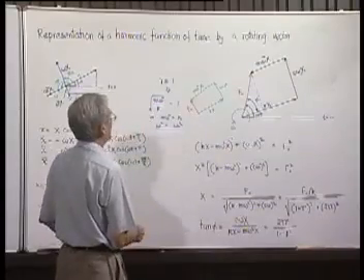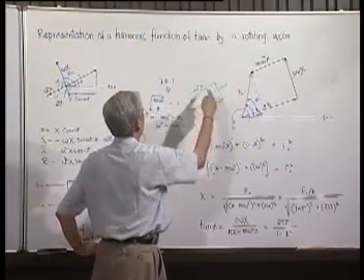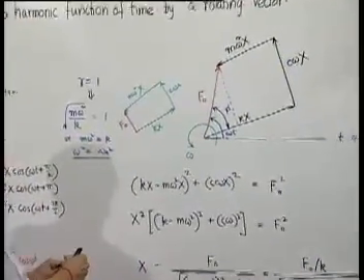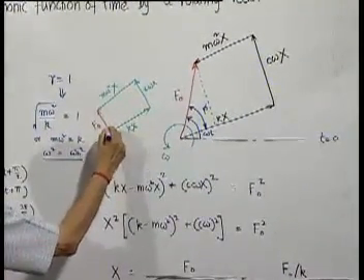When kx is equal to m omega square x, because k is equal to m omega square, it is very obvious that this will be a rectangle and this will be 90 degrees.